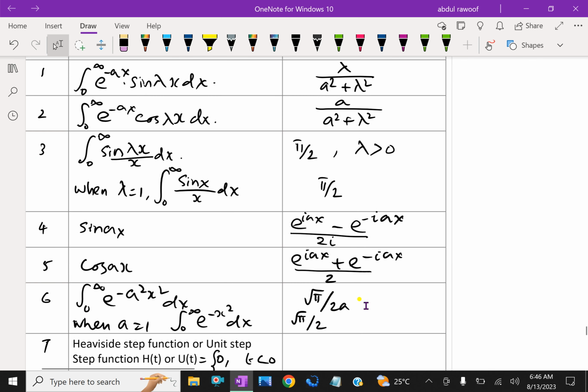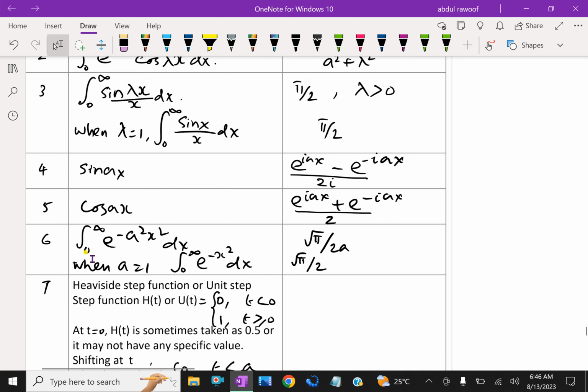Here, the fourth one: Fourier transform of sine ax equals e power iax minus e power minus iax over 2i. The fifth: Fourier transform of cos ax equals e power iax plus e power minus iax over 2.